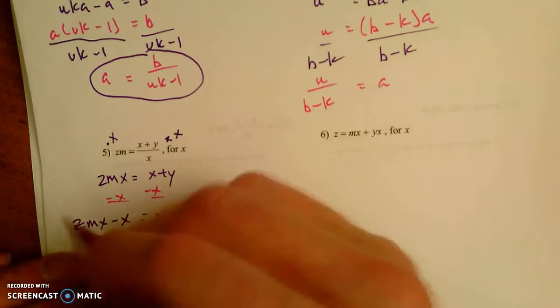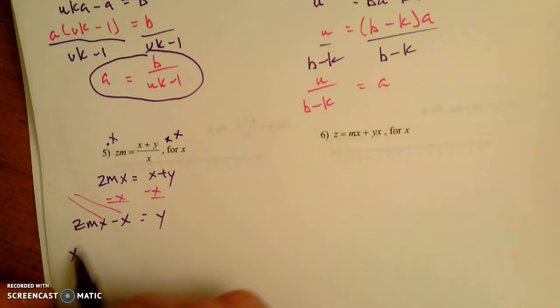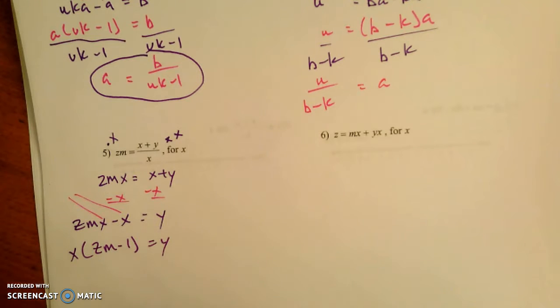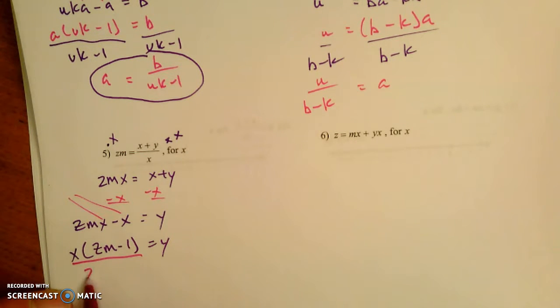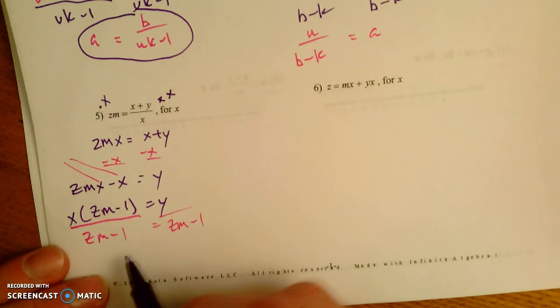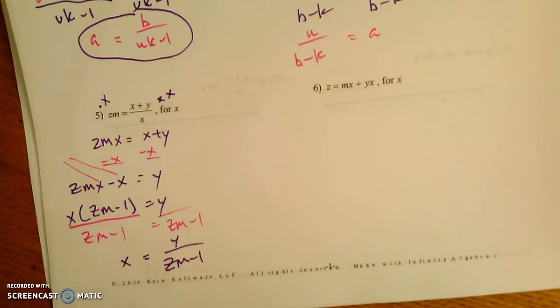Then I'm going to do that reverse distributive property trick and get x times zm minus 1 equals y. Then we're going to divide by the thing that x is multiplied by, which is the zm minus 1, and that's going to leave us with x equals y over zm minus 1.